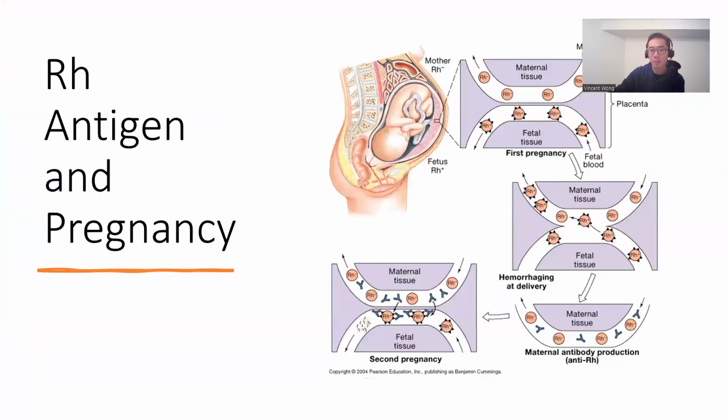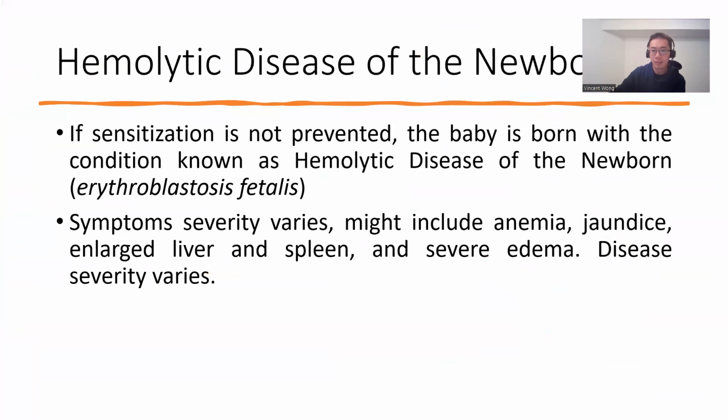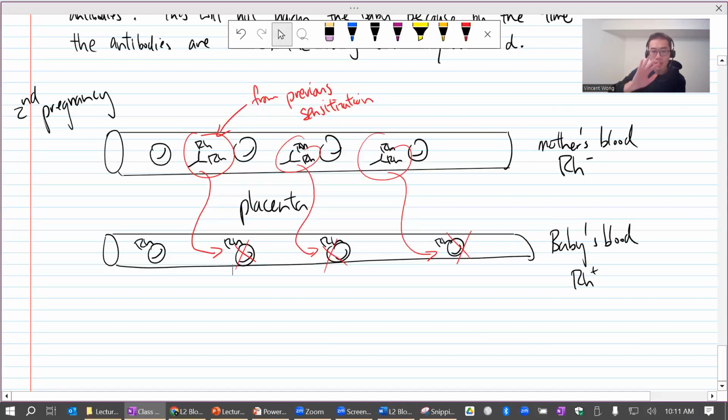This is going to be a problem for the baby, because they're going to cross the placenta and attack the baby's blood.